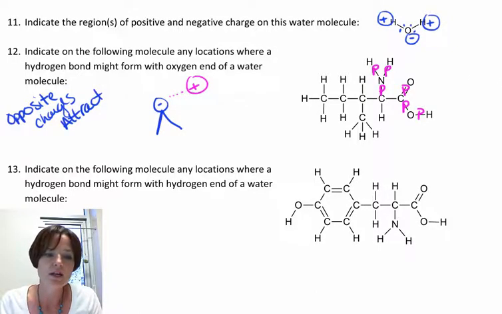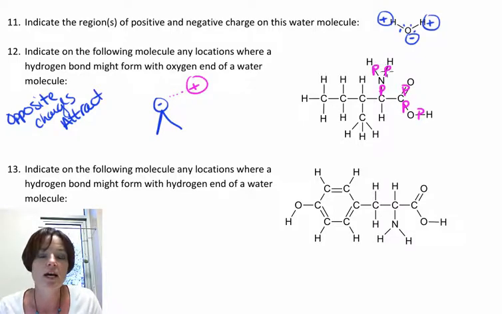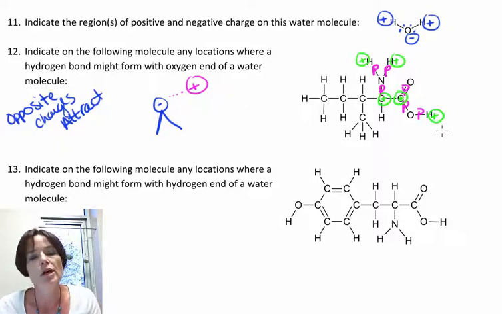And then once we've done that, we want to label any areas where we would have the little positive regions. And so this area is going to be positive. This would be positive. The carbon here would be positive. And then over here would be positive. So what I'm doing is drawing the positive around the weaker member of the polar covalent bond.